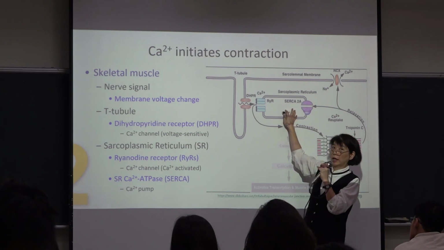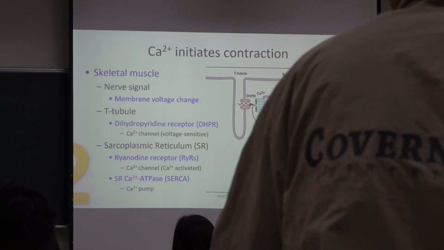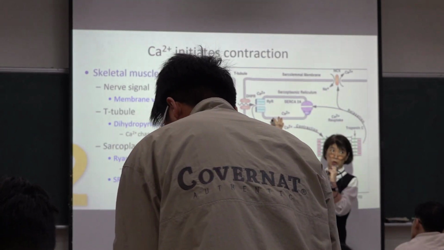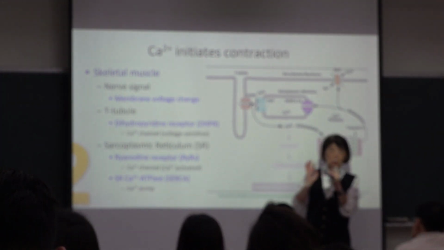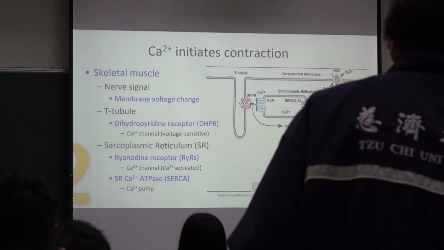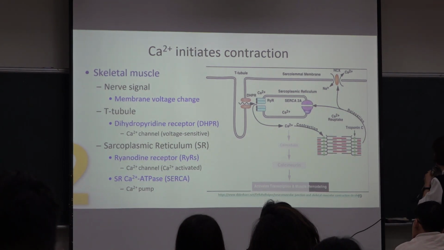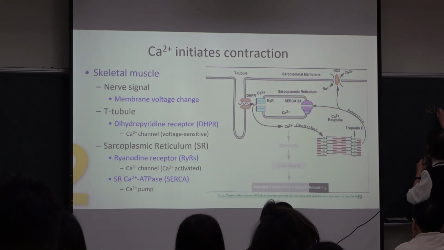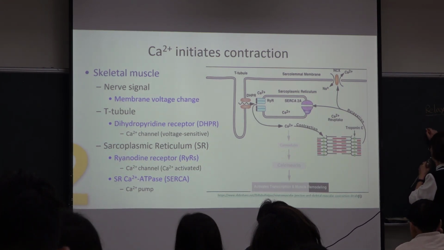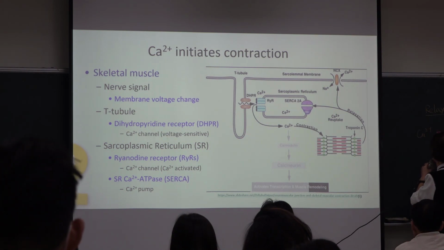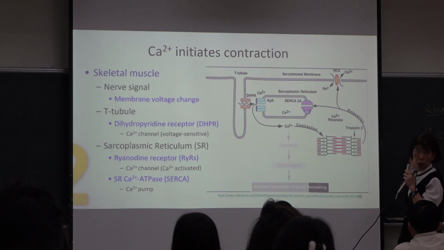From the SR, which is a storage place for calcium, therefore it has high calcium concentration. And the cytoplasm normally has low calcium concentration. Usually, the concentration in the cytoplasm, in what we call the relaxed state, would be less than micromolar. Okay, that's low.